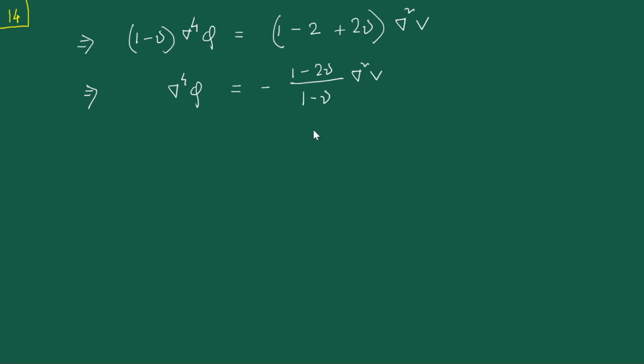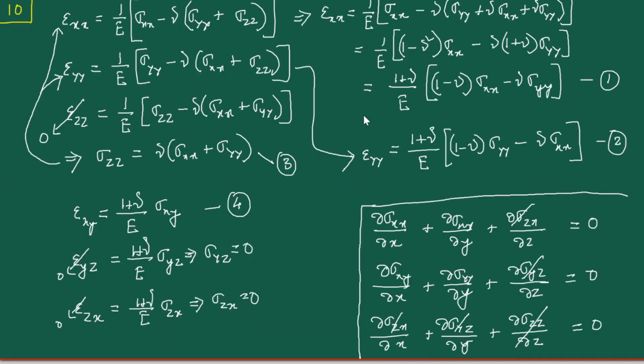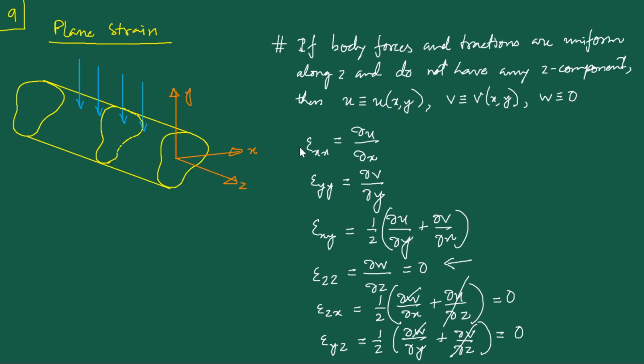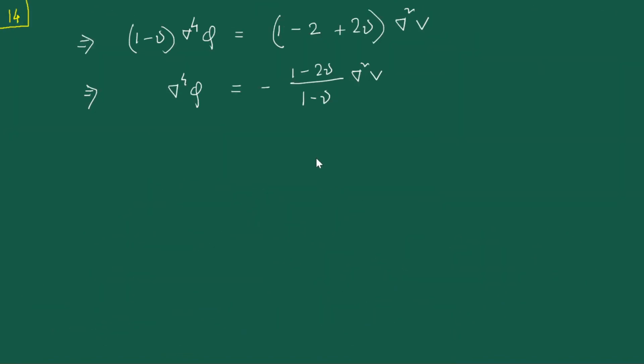This is the final form of the plane strain formulation. Let us compare this quickly with what we obtained at the end of the plane stress formulation. If we go back a few pages, we'll see that the final equation, the biharmonic operator operating on φ, is equal to minus (1 − ν) ∇²V. Now everything is the same except this coefficient.